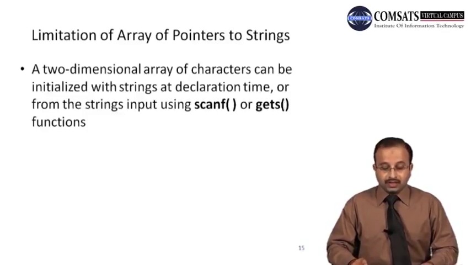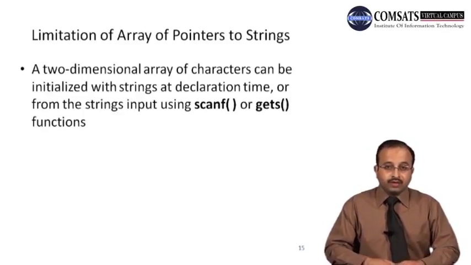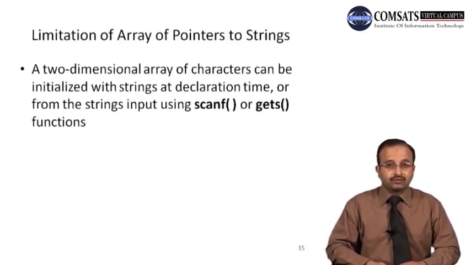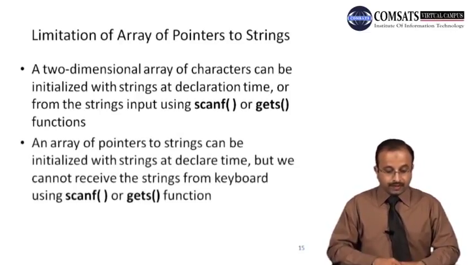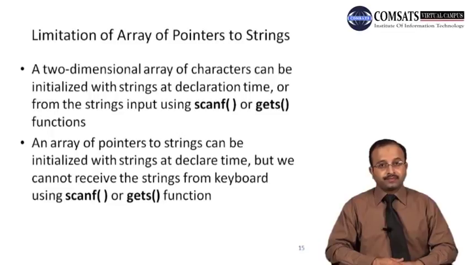We have already seen this as well, that in a two-dimensional array of characters you can take input from the user, or you can initialize it at declare time with any list of names, any list of strings. But an array of pointer to string can be initialized with strings at declare time only. We cannot receive the string from the keyboard using scanf or gets function.